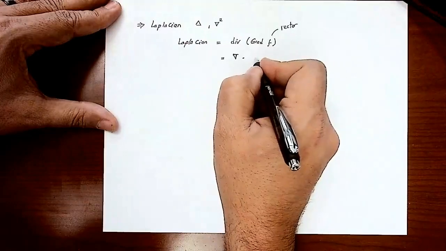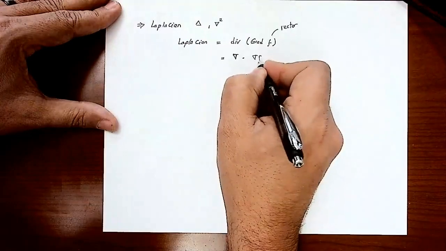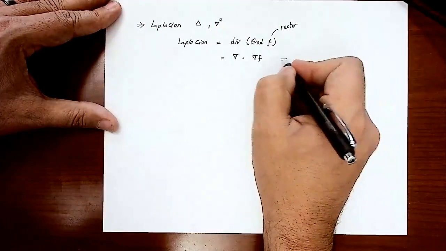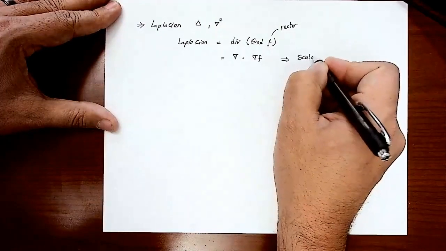It's the divergence of the gradient of that vector f. So I'm going to end up having a scalar value.